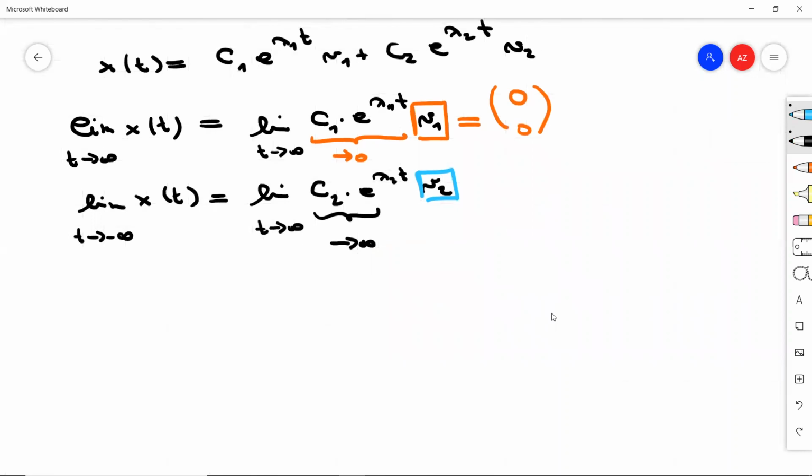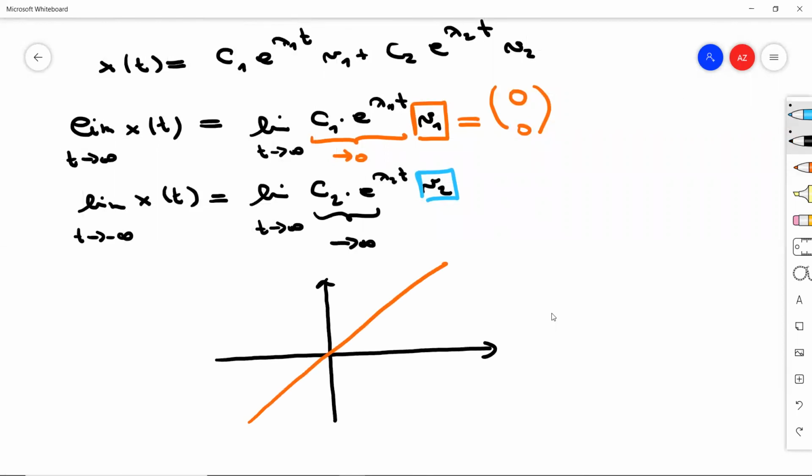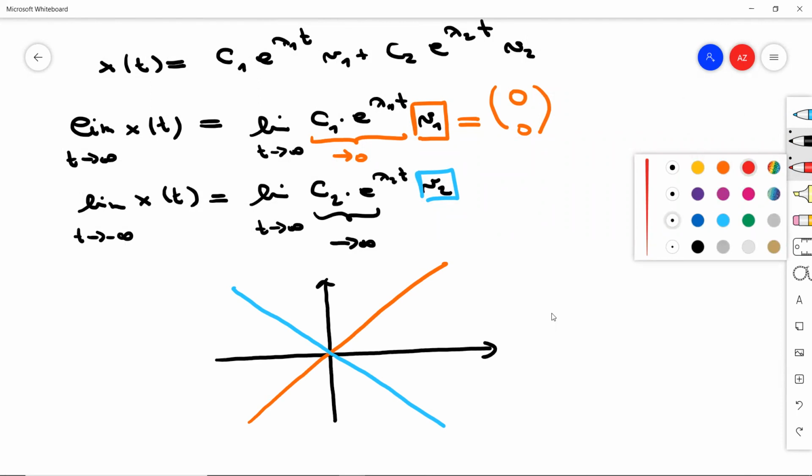So the phase portrait will in fact be the same as the phase portrait above, only the arrows will point in the other direction. So let's draw here v1, and then v2. And then as t goes to minus infinity, we are going out of the origin, and as t goes to infinity, we are in fact going to the origin.